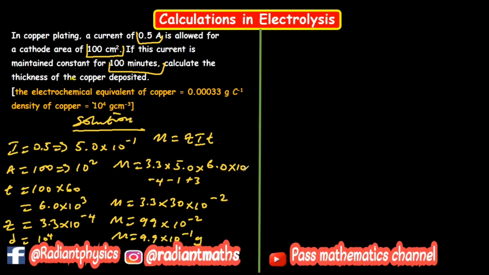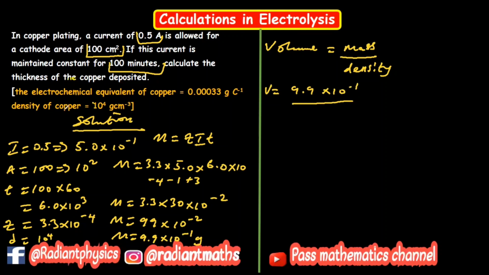Now, after finding the mass of the copper, we need to find the volume before we can find the thickness of the copper. To find the volume, we are going to make use of this equation: volume is given as the mass of a substance over its density. We have found the mass to be 9.9 times 10 to the power of minus 1, and the density of copper is 10 raised to the power of 4.